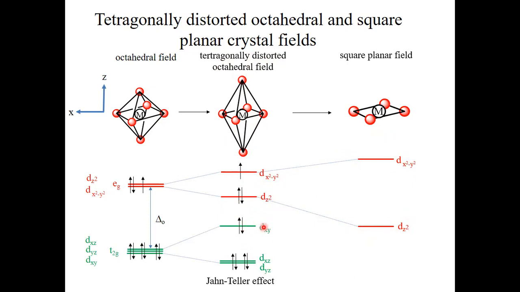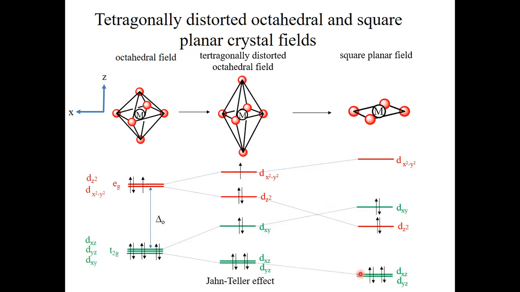So what about the other orbitals? Now the dxy should go further up in energy, and because it goes further up and the dz square orbital goes further down, the energy of the dxy is now above the energy of the dz square. So they switch their relative places. Further, the dxz and the dyz go further down in energy.